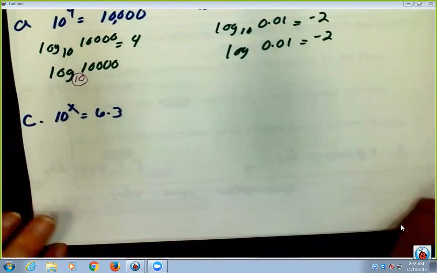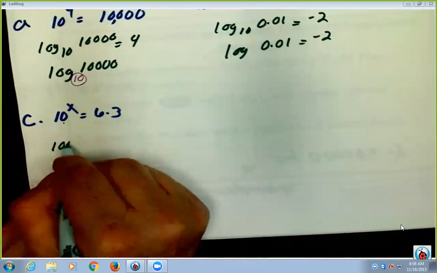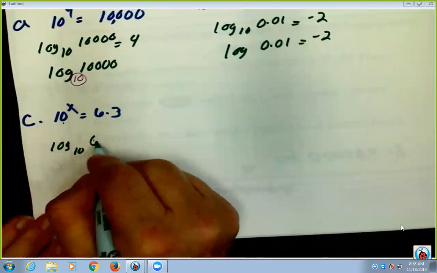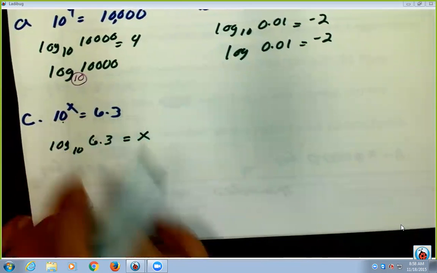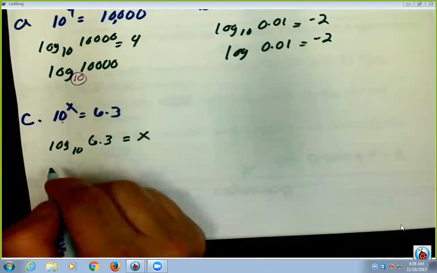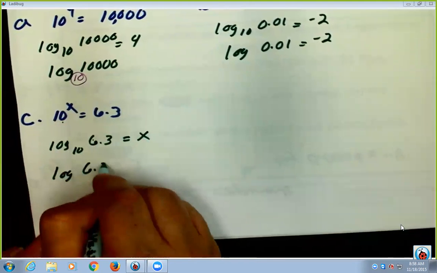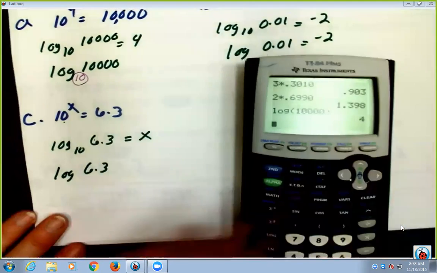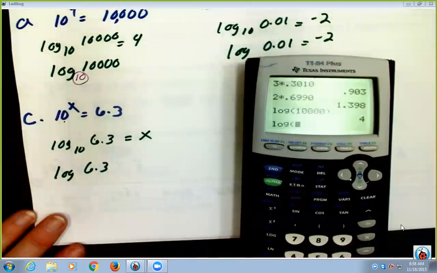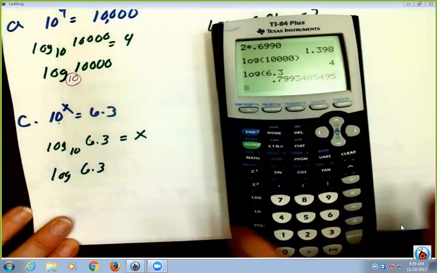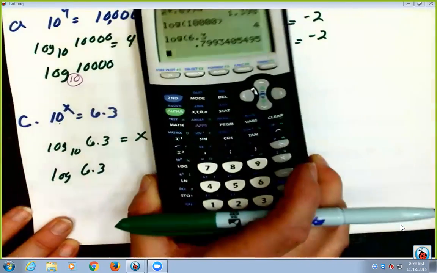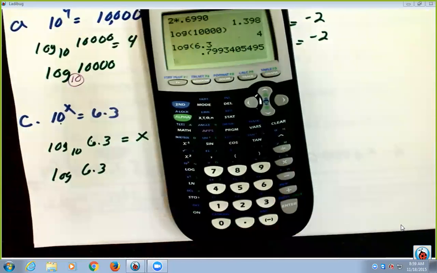This last one is log base 10 of 6.3 is equal to x, because I don't know what my exponent happens to be, but I can find it by simply removing, of course, my 10, using my log button, and putting in 6.3 and calculating out my answer. And this is one that is not an exact answer.